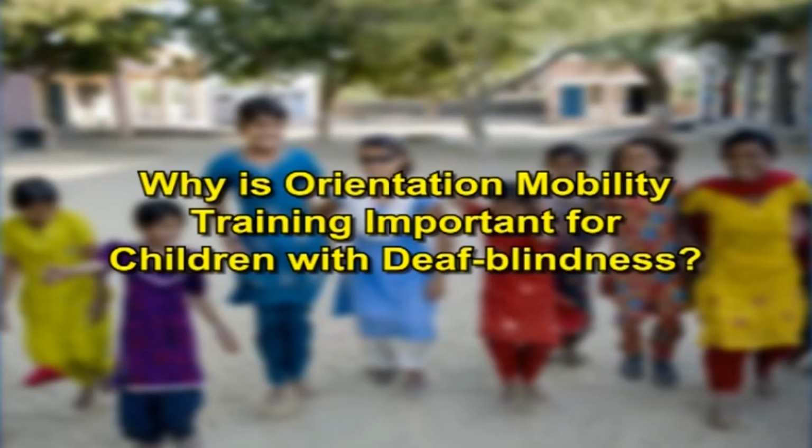Why is orientation and mobility training important for children with deafblindness? The process of gathering, recognizing, and interpreting sensory information helps in meaningful and useful concept development. When a child cannot access his world efficiently through his vision or hearing, he needs to learn to use his other senses more effectively.